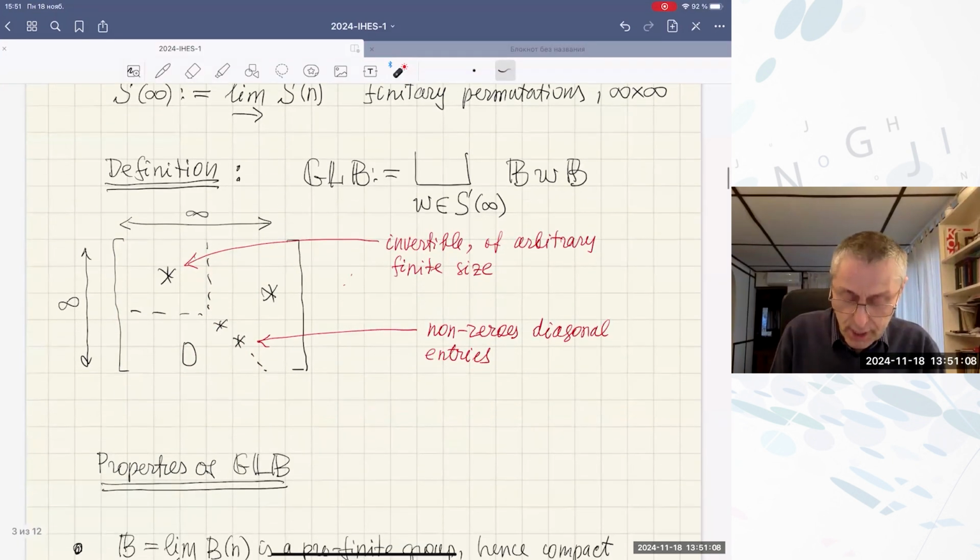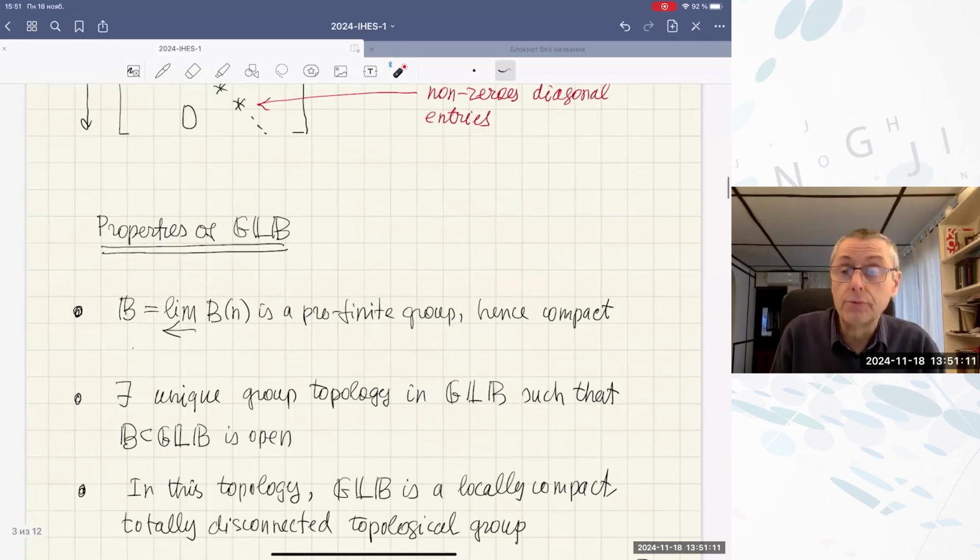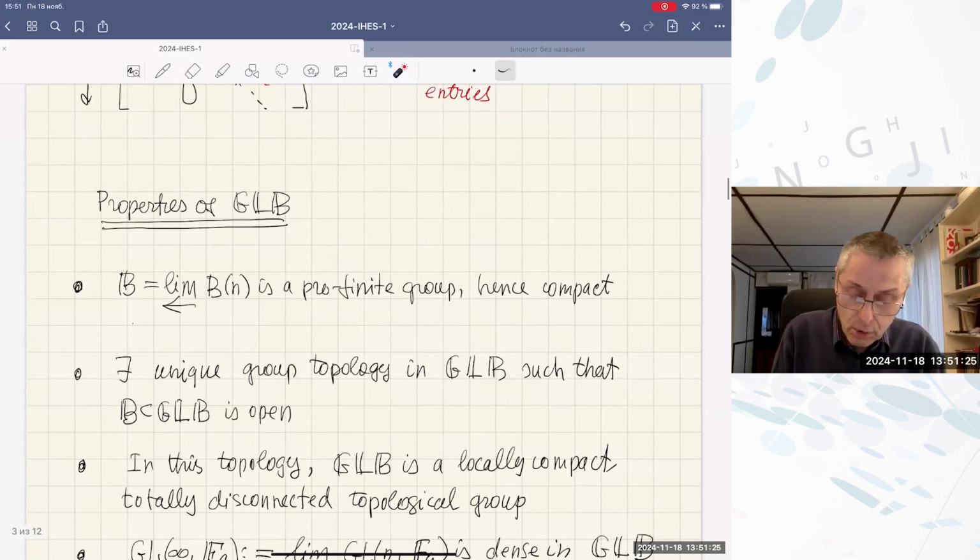Well, so what are the properties of this object GLB? I repeat that B is a subgroup which is a profinite group, and hence a compact group. Next, our group GLB can be equipped with a unique group topology such that the group B is open.